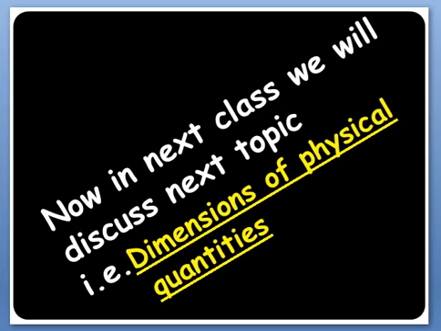Third equation of motion, v square equals u square plus 2as. Suppose the time period of a pendulum, capital T, is equal to 2 pi root L upon g. These are all expressions which can be verified, which can be checked with the help of this concept. So we will discuss this in the next class.